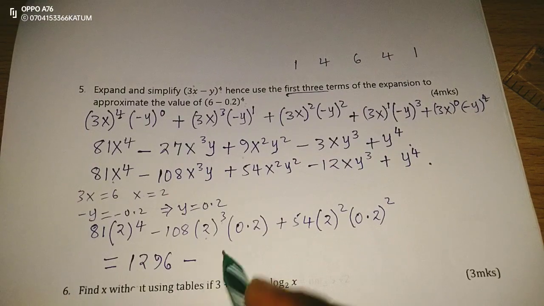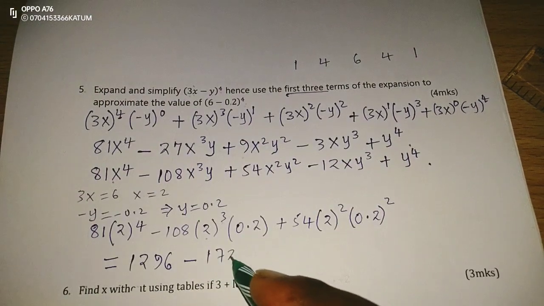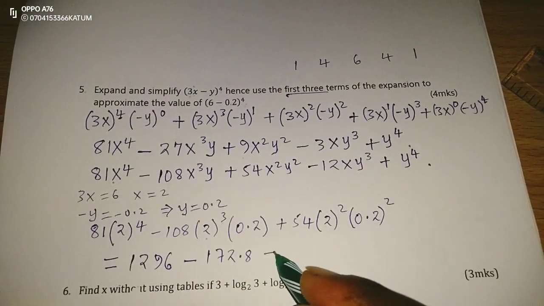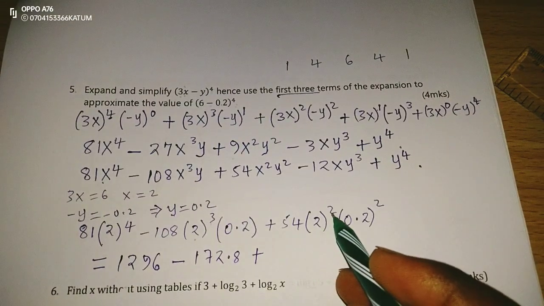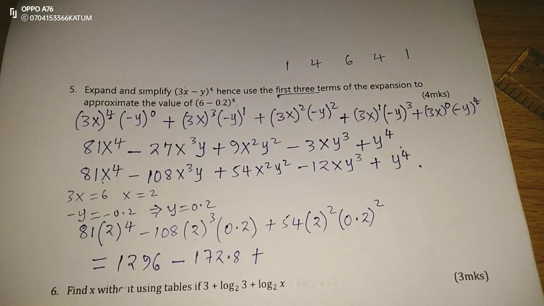This is going to give us 172.8. Then finally we add 54 times 2 squared, which is 4, times 0.2, this one now squared. So this is going to give us 8.64.